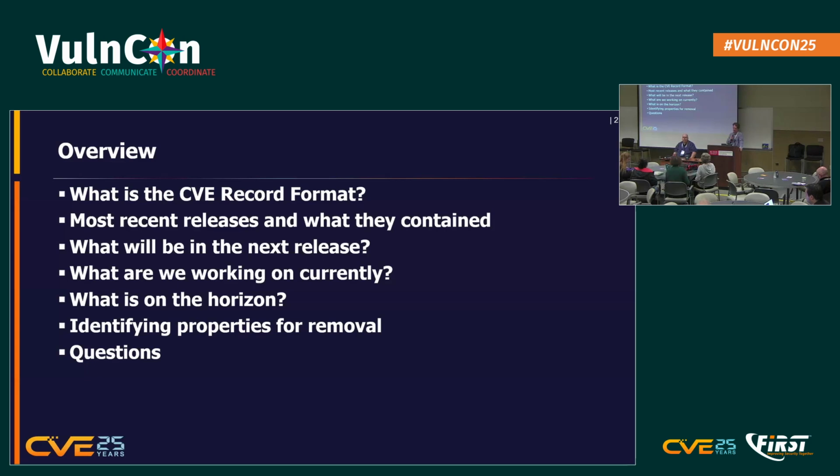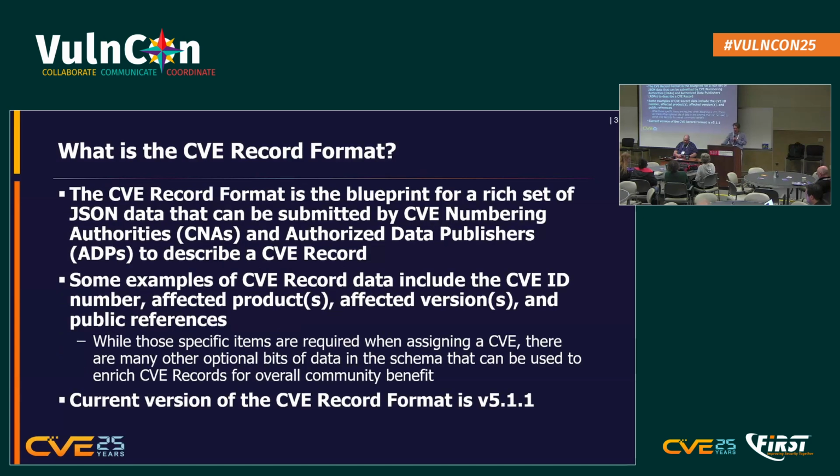What we're working on currently, some of the things that might be on the horizon for the format. And then I threw something in about identifying properties for removal, which is a hot topic that we haven't discussed a whole lot yet, but we're getting there. And if we have time for questions, we'll do that.